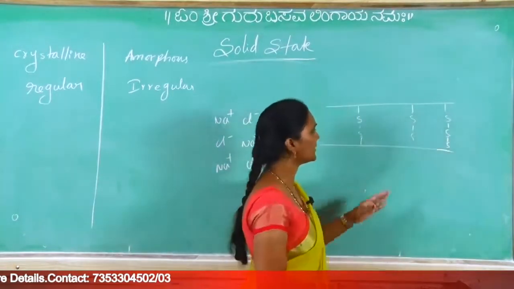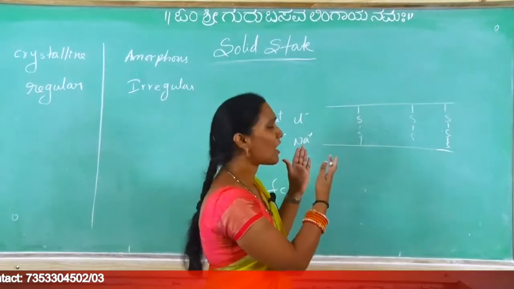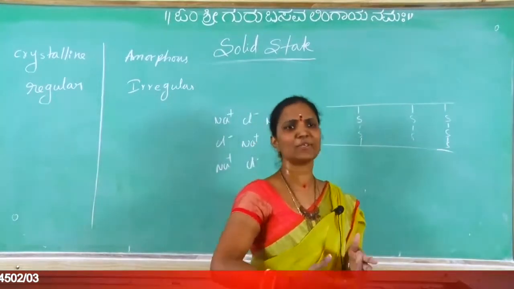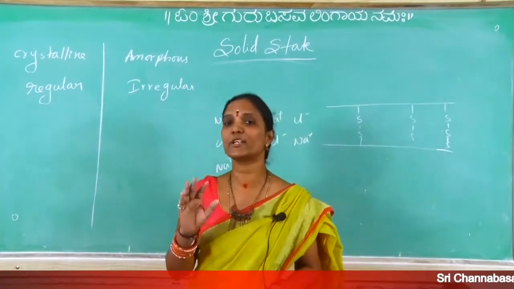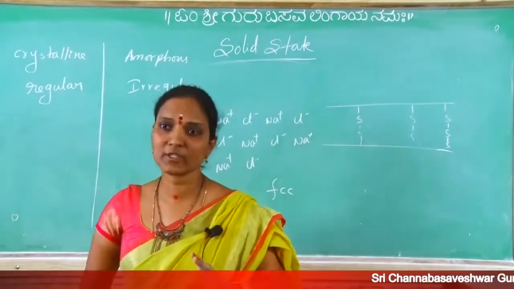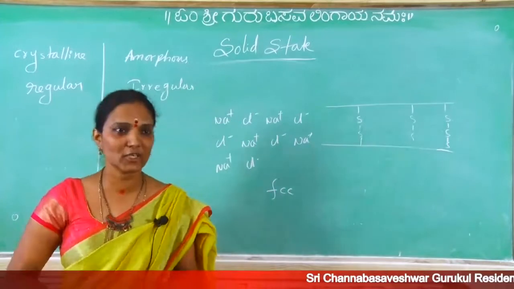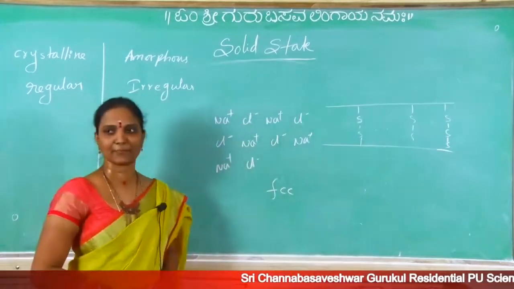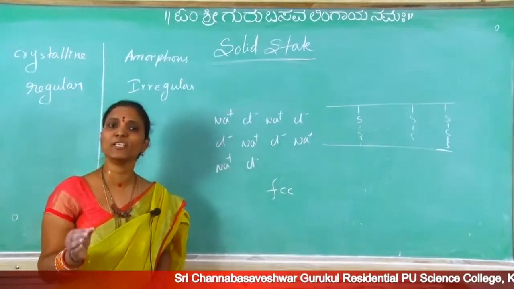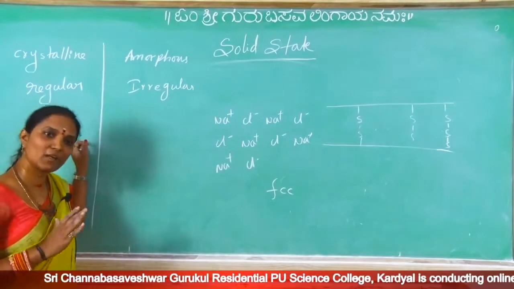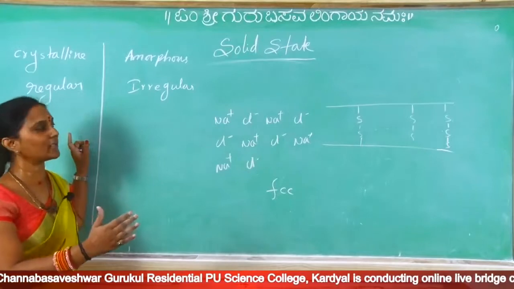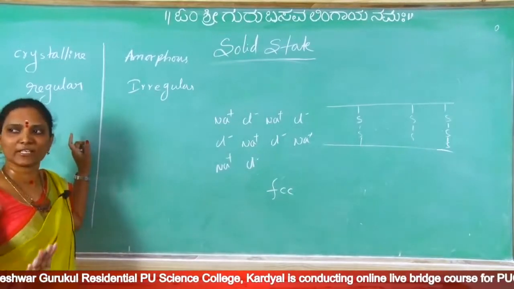Here 3 sulfur link, here 2 sulfur link, and after 2 carbons, after 3 carbons, after many carbons, no exact arrangement, that is an irregular arrangement. So constituent particles arranged in irregular order is amorphous. All constituent particles arranged in regular order is crystalline.